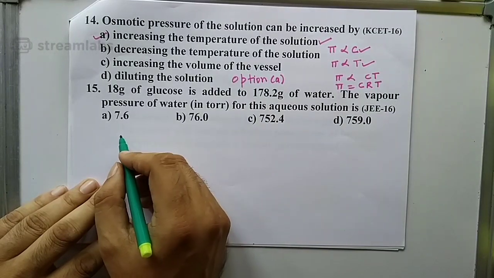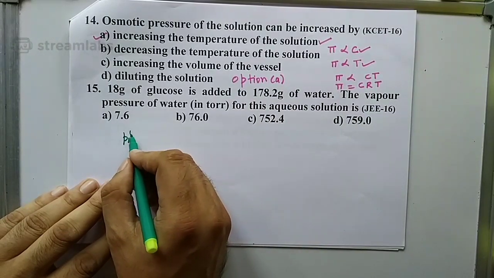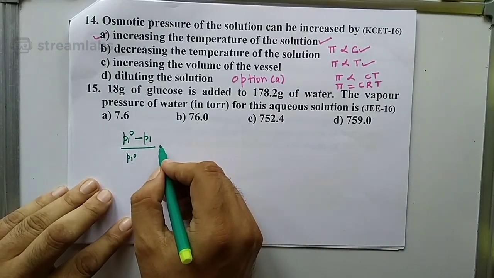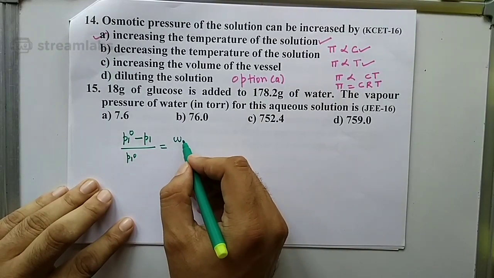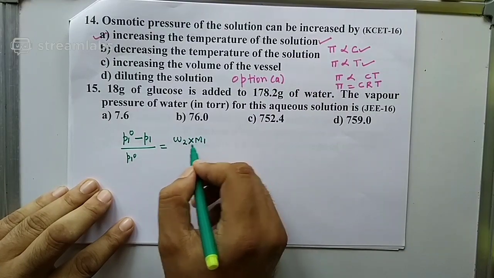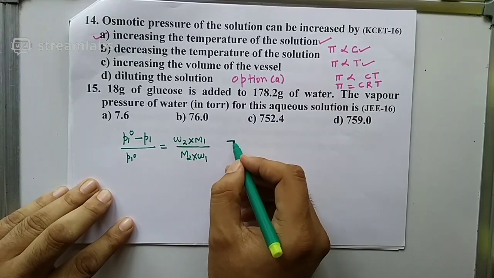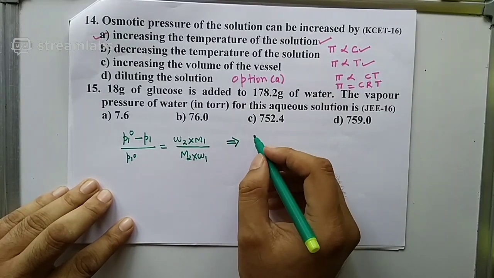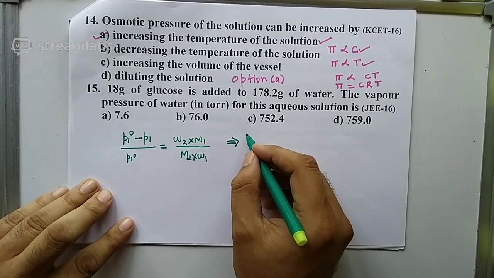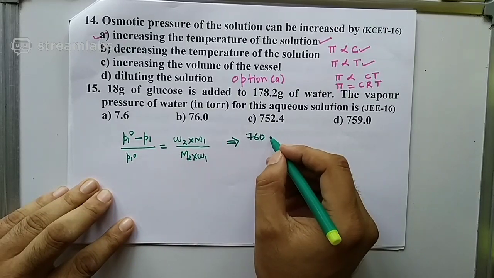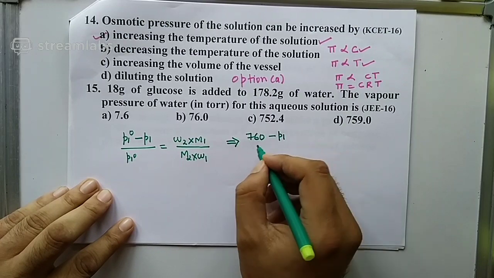Now let us write (P1 naught minus P1) divided by P1 naught is equal to W2 into M1 divided by M2 into W1. Now let us start substituting. P1 naught at 100 degrees Celsius for water is 760 millimeter of mercury. We need to calculate the value of P1.